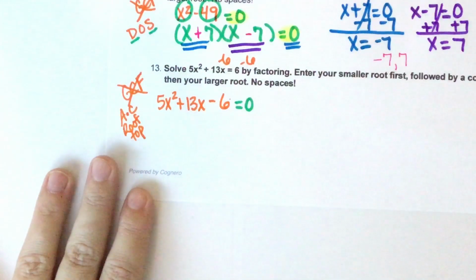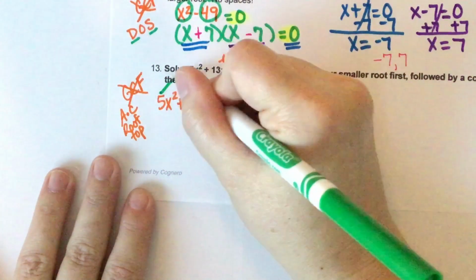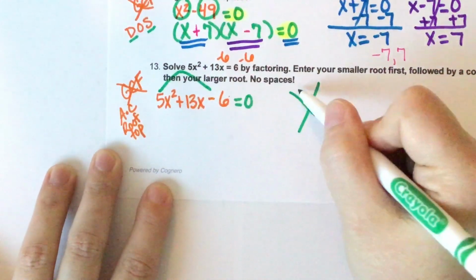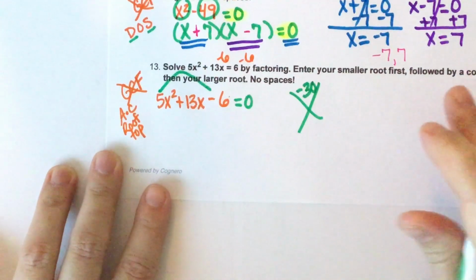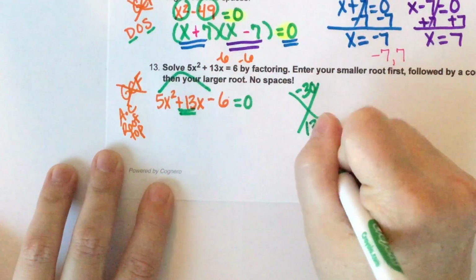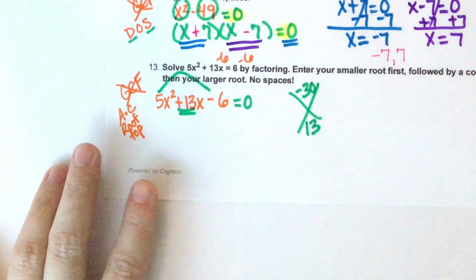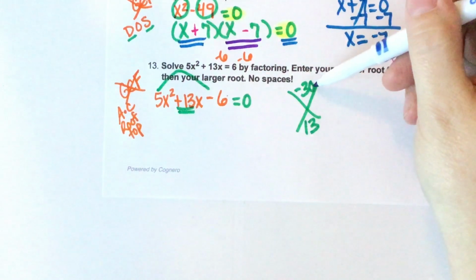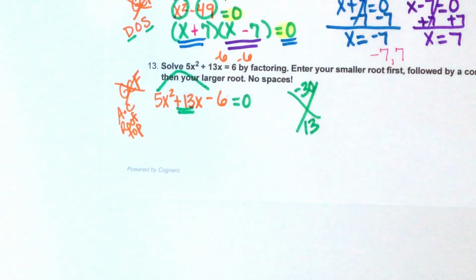All right, so when I take a times c, I'm taking 5 times negative 6, and that makes a negative 30. And I want the numbers to add to make b, which is the guy in the middle, so I want them to add to make 13. So I'm looking for two numbers that multiply to make negative 30 and add to make 13.